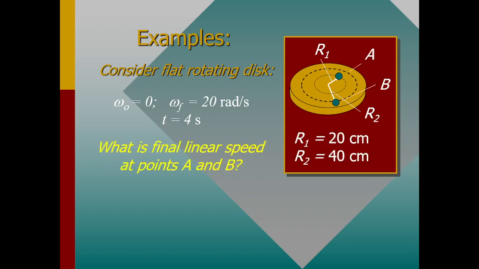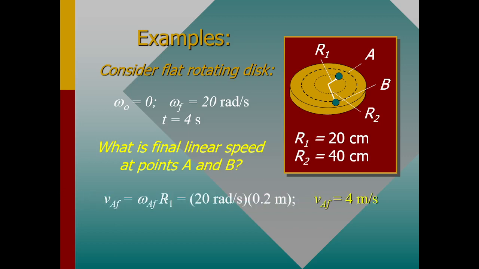What is the final linear speed at point A and point B? You have two radii: 20 centimeters from here to there, and 40 centimeters from there to there.